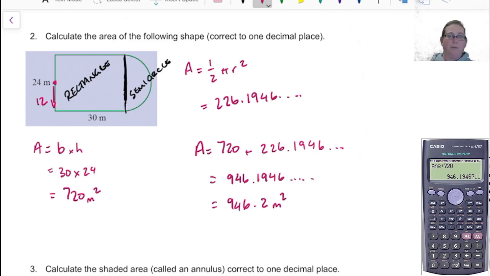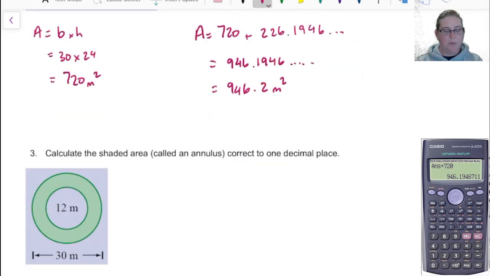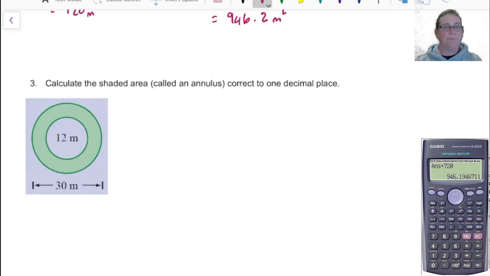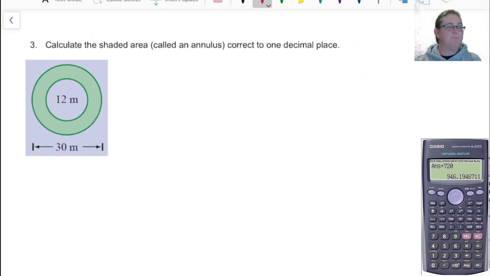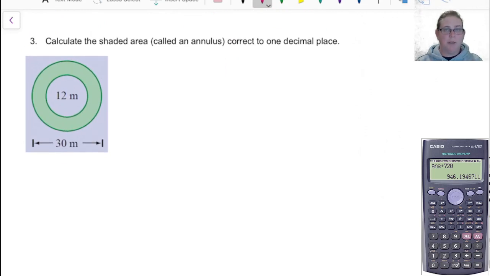Alrighty, are we ready for the next one? Just comfortable again. So our next one is that annulus that we spoke about before. The annulus being that larger circle and a smaller circle on the inside, and having that distance in between the 2. Okay. Again, what we have here is a diameter.